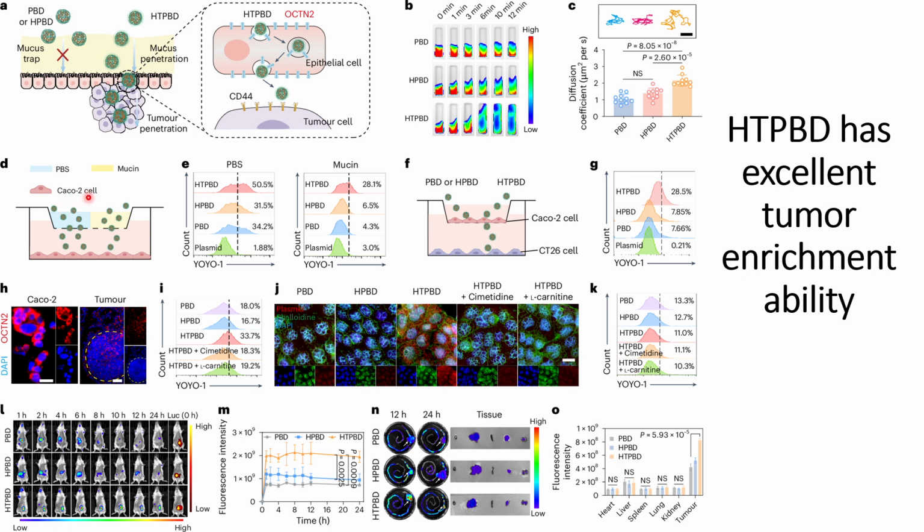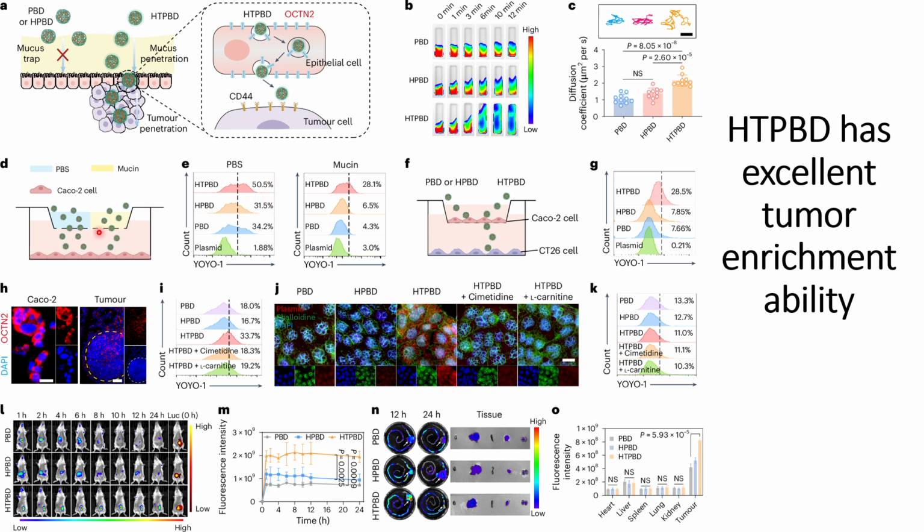The diffusivities are higher in the CACO2 cells also, and these things they quantified in panel E, where we can see that in the control case the diffusivity of all the systems is almost similar, not similar. This HPBD and PBD have higher transfection efficiencies compared to the control, that is 31.5 compared to the 1.88, whereas HTPBD has transfection efficiencies in the PBS around 50.5.